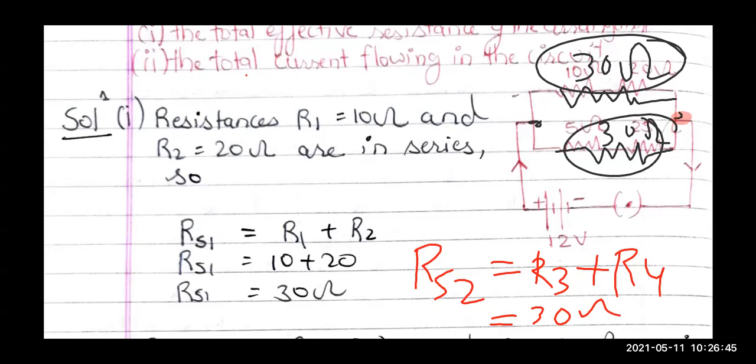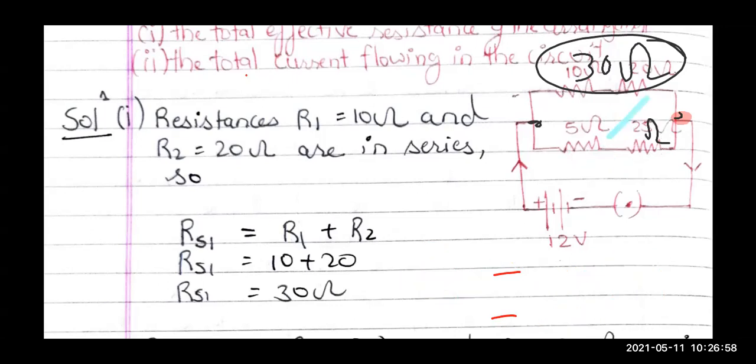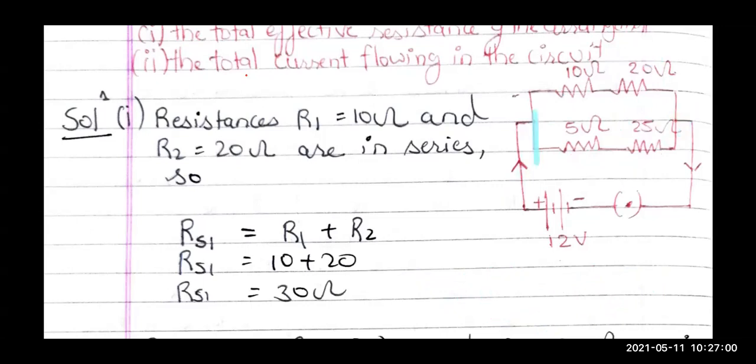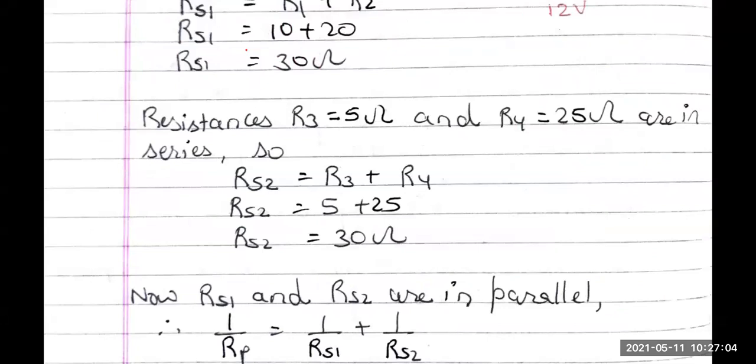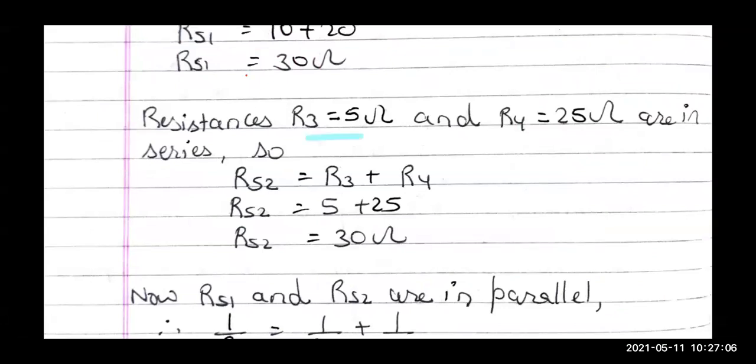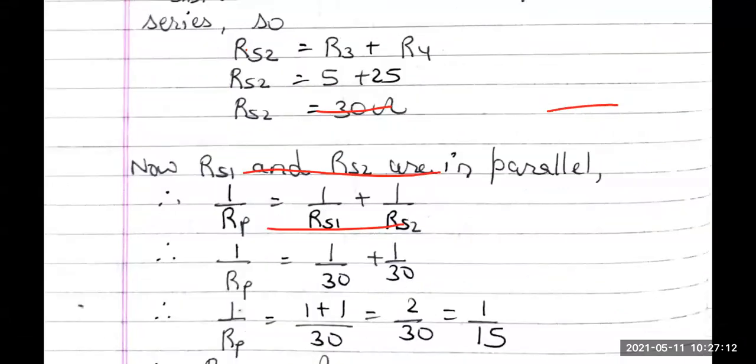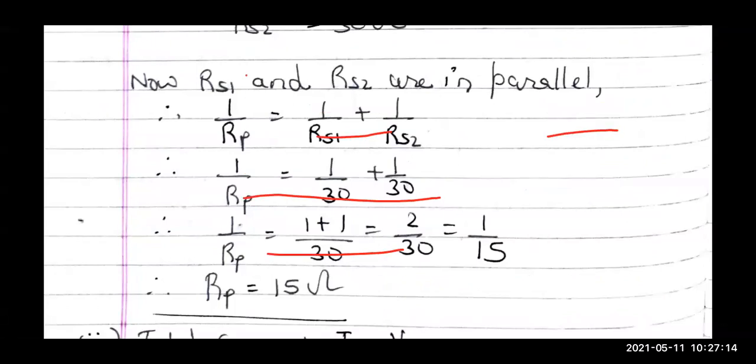So now we will apply the parallel formula to these two 30 ohm resistances, and we can find the total effective resistance of this arrangement. Right? I hope I have made myself clear. So as you can see here, we named the resistors R3 as 5 ohm and R4 as 25 ohm. Then we found the series to be 30. Now these two 30 are connected in parallel to each other.